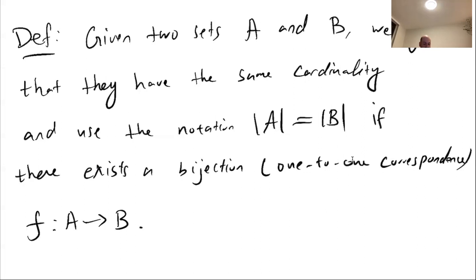If there exists a bijection between two sets, then we say those two sets have the same cardinality, and the notation is cardinality A equals cardinality B.